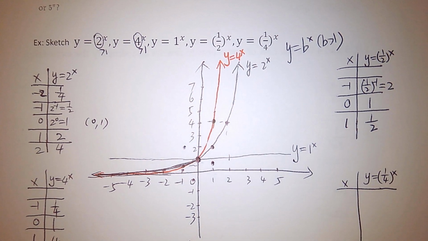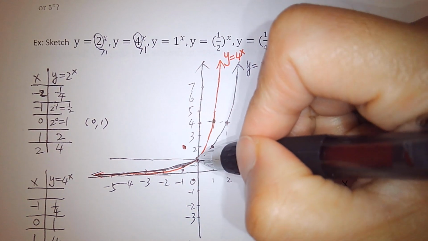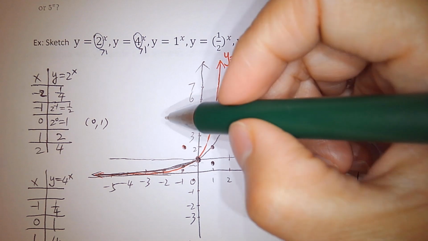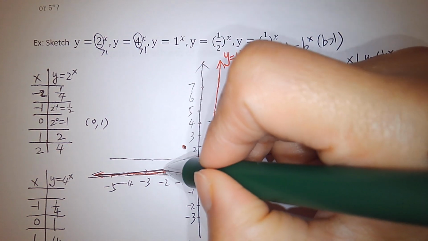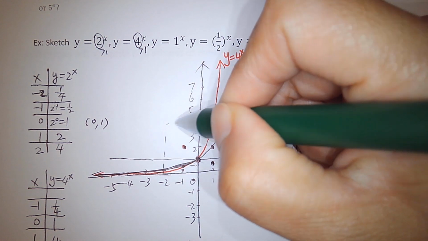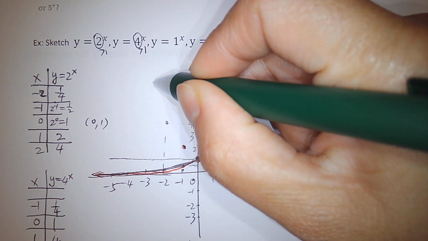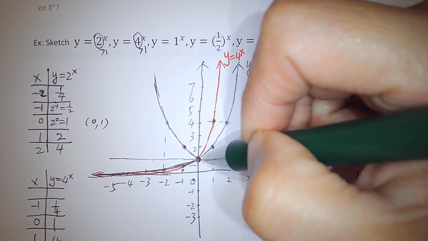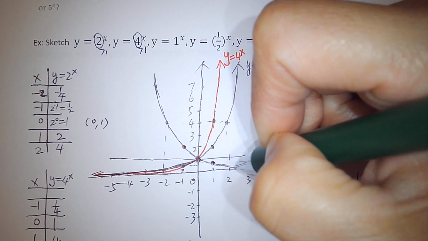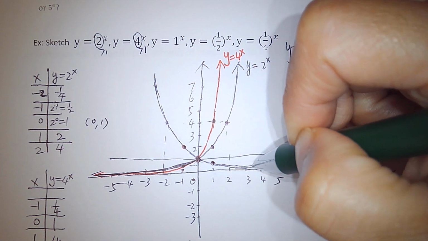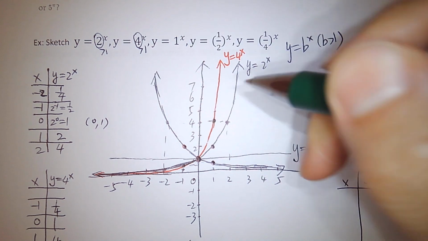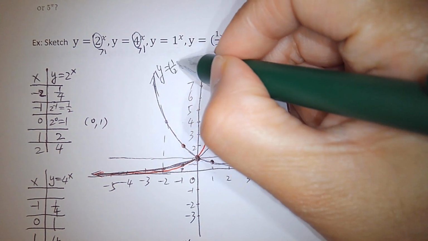Do you see the 3 key points? This point, and this point, right? Right, Simon? That's cool. Of course, -2 and then goes to 4. So this is briefly the graph of what? y equals (1/2) to the x.